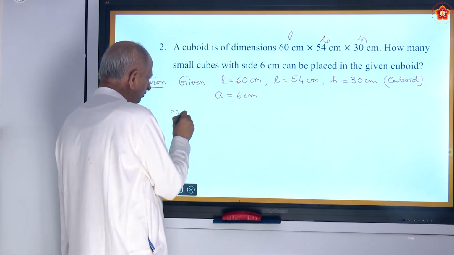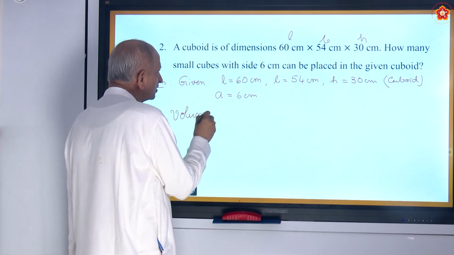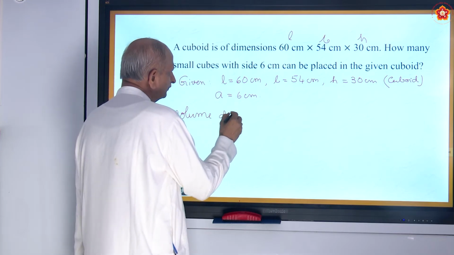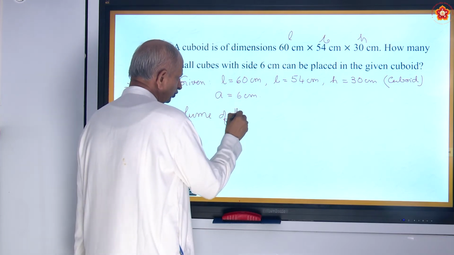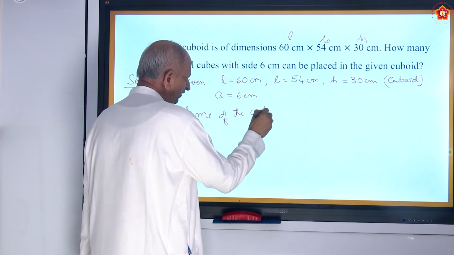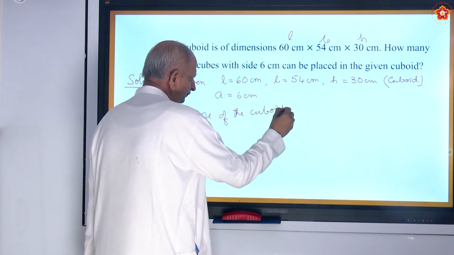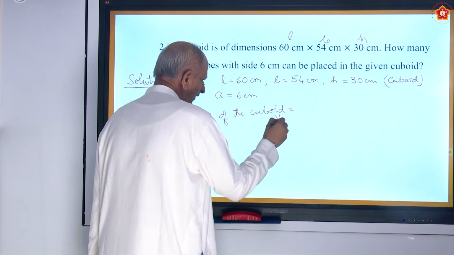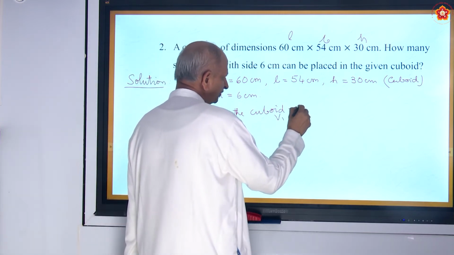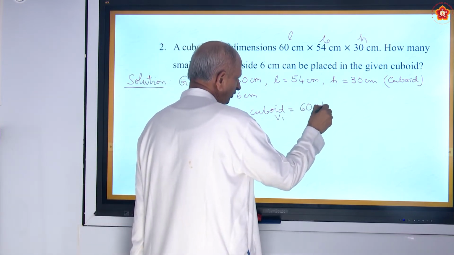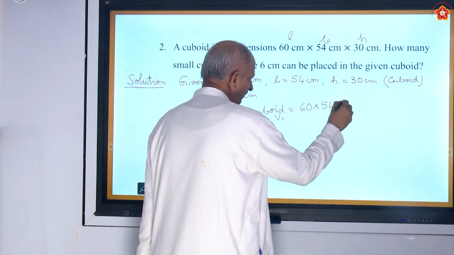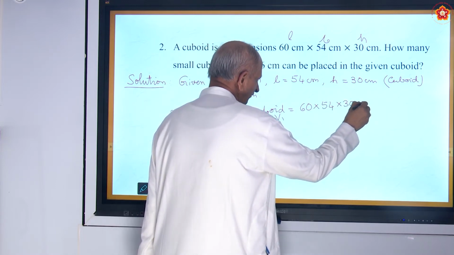So you can write volume of the cuboid, means box here. We call it V1. 60 into 54 into 30 cubic centimeters.